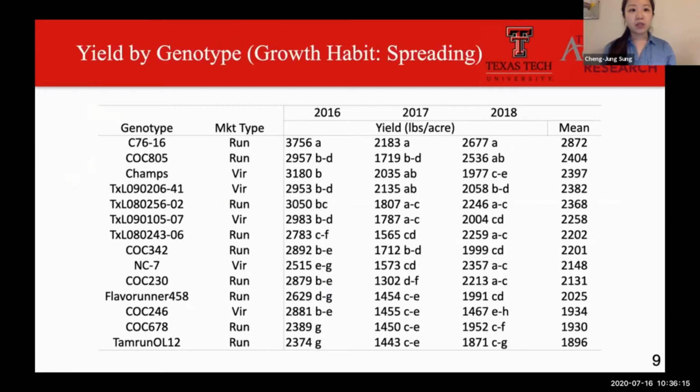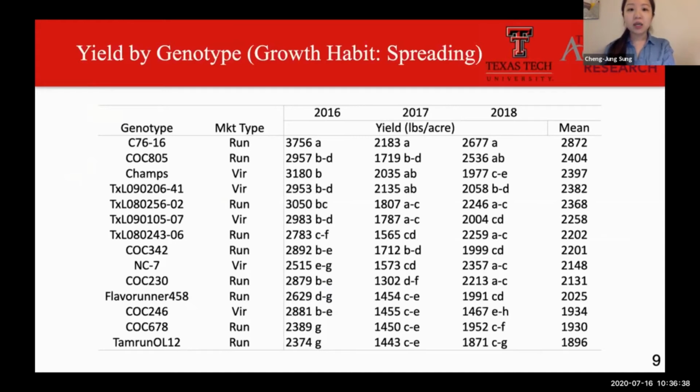And this is the result of the yield by genotype. And since genotype in this model is nested in the growth habit, which we have 2 growth habits, so I separate the spreading and the erect type into 2 different tables. So this page is only for the spreading type. And from this table, I sort this data by the mean, the last column.